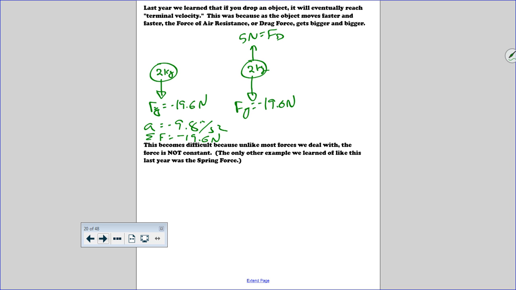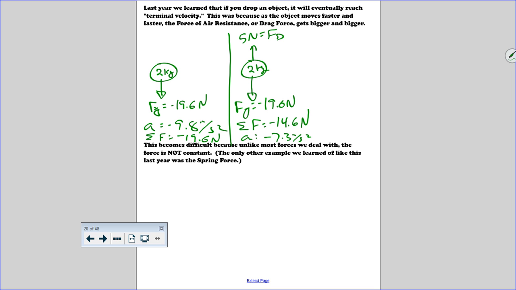That decreases our net force. So now my net force, instead of negative 19.6, is only negative 14.6 newtons. Sorry, that's embarrassing. And so the acceleration is negative 7.3 meters per second squared.